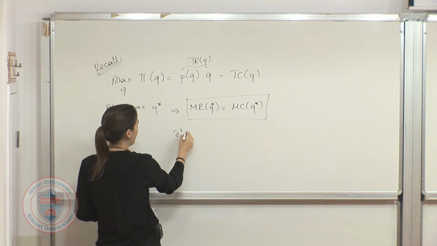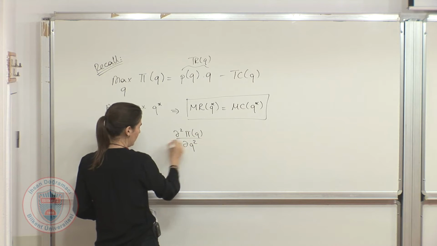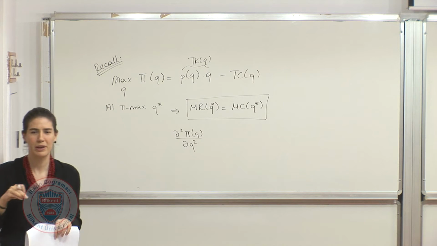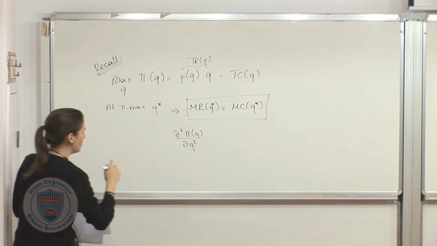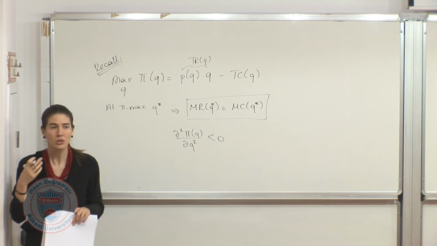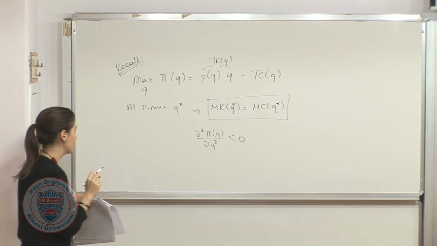This means looking at the second derivative, and we said that it should be less than 0, right? Because it's a maximum, we require the objective function to be concave, such that the maximum exists.